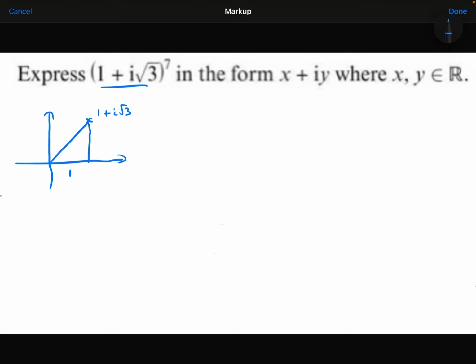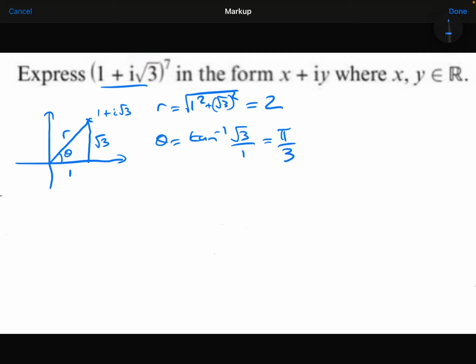I know that this is 1. I know that this is root 3. So I can work out the modulus of this by doing a bit of Pythagoras, which will give me 2. The argument, if I do tan inverse of root 3 over 1, I'll get pi over 3.